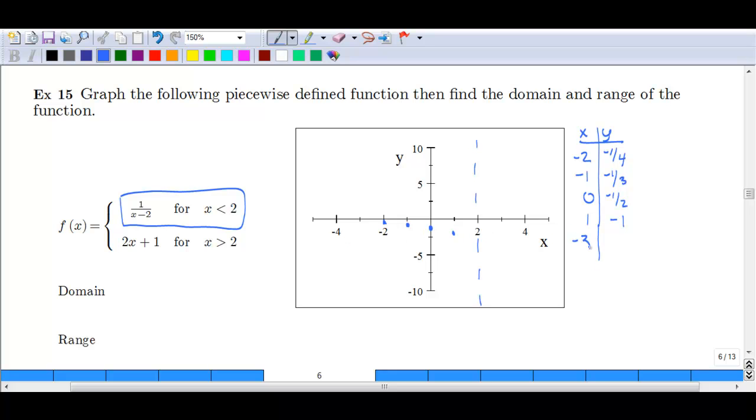Let's plot the points -3, and let's pick the point 1.5. So we plug in -3, we end up with -1/5. And if you plug in 1.5, you end up with -2. So -3, -1/5, so that's even closer to the axis. And at 1.5, we get -2, so we are going to be here.